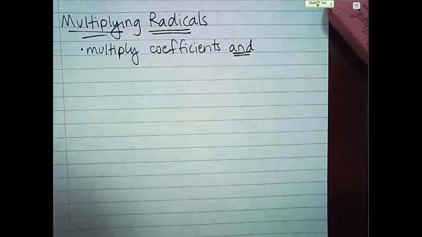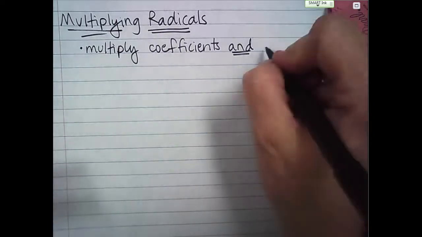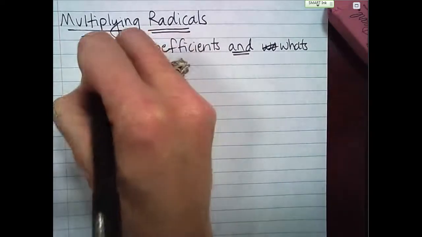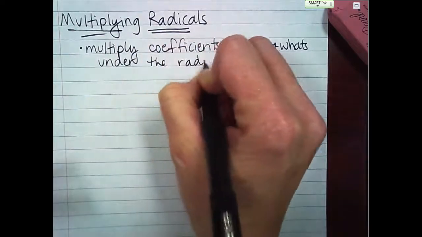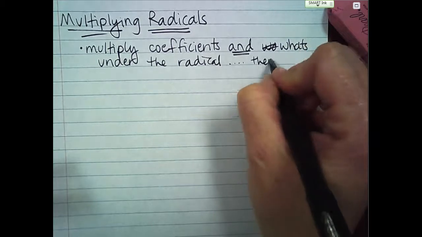And, so in other words, you multiply coefficients. Those are the numbers outside. So a quick way to think about that is you multiply the outside numbers together, okay, and you have to multiply what's under the radical. Then simplify.